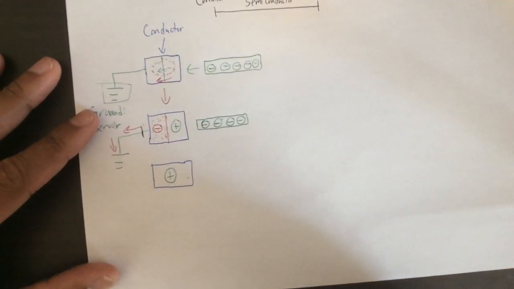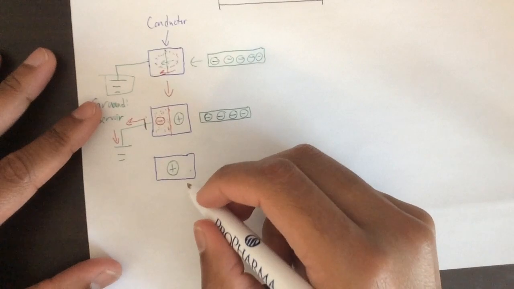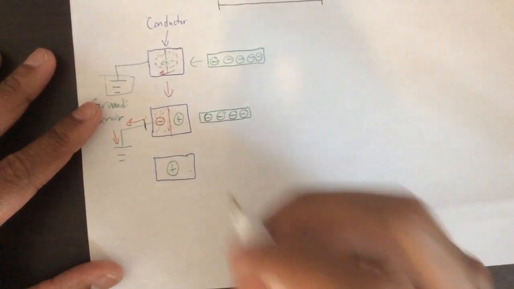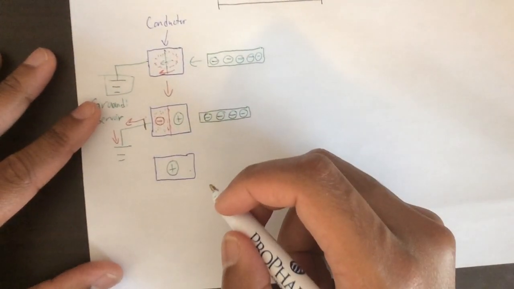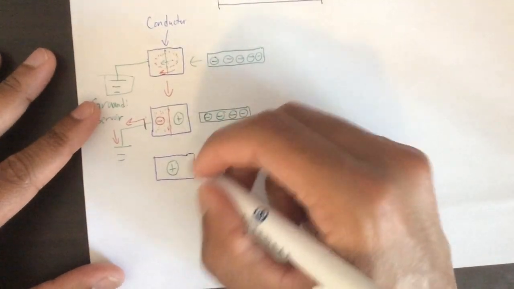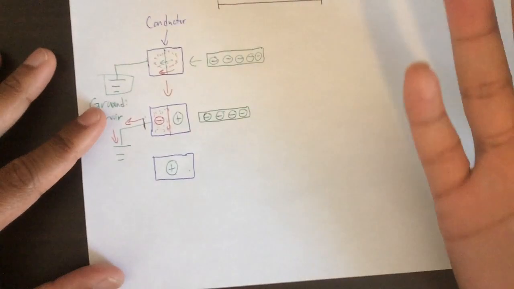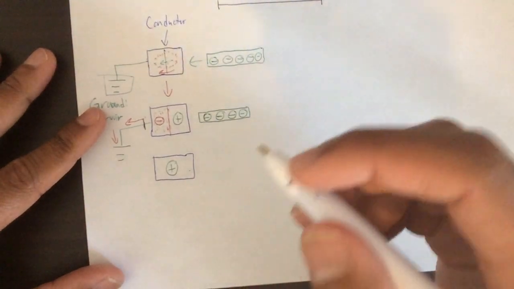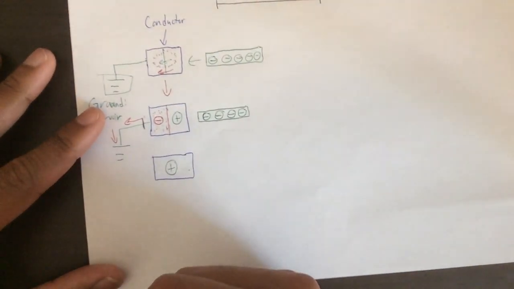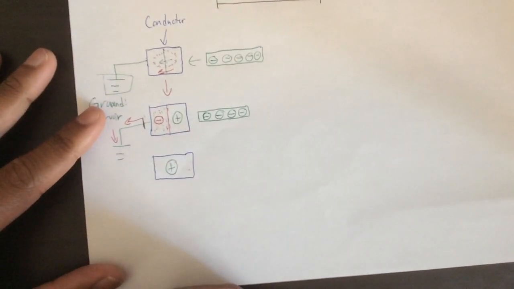Now to note, this is how you charge an object by the process of induction. If it was done by conduction, you would have to rub two materials together, like in the previous example we did, where the electrons from the cloth go into the slab or the box that we talked about.